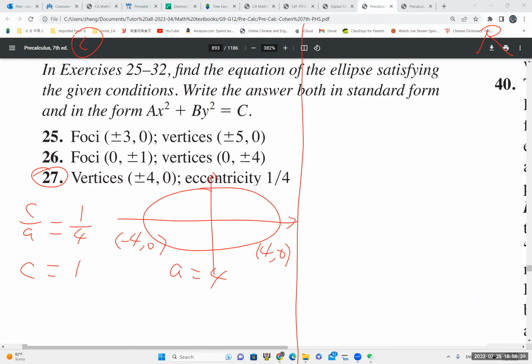Then our standard form is x squared over a squared plus y squared over b squared equal to 1, right? Then can you get b or b squared? Just get b. Please find b.